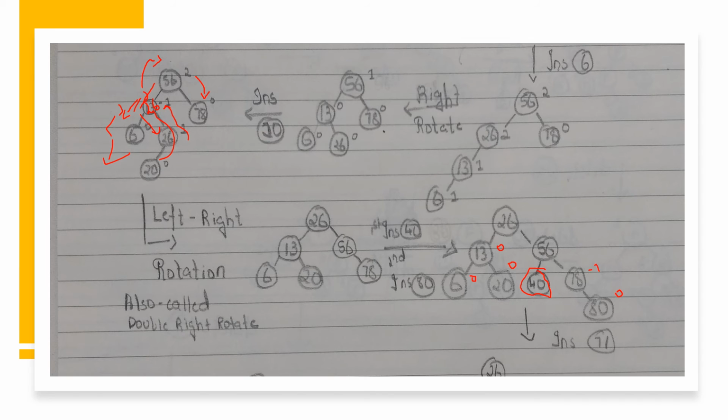This is -1 because there's only one right node, and this will also become -1, and this will also be -1. So at this point the tree is balanced, and now we go and insert the next number, which is 71.